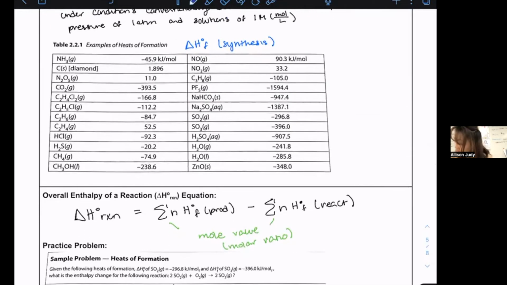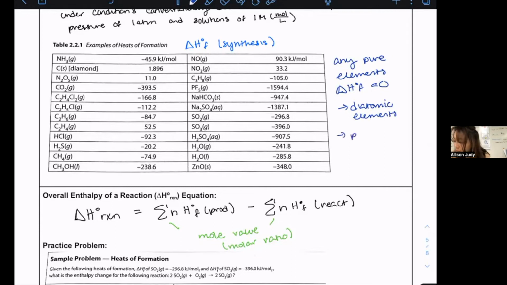Any pure elements, enthalpy of formation, synthesis, is equal to 0. An example would be diatomic elements always have an enthalpy value of 0. To form them, it takes essentially no net energy movement.